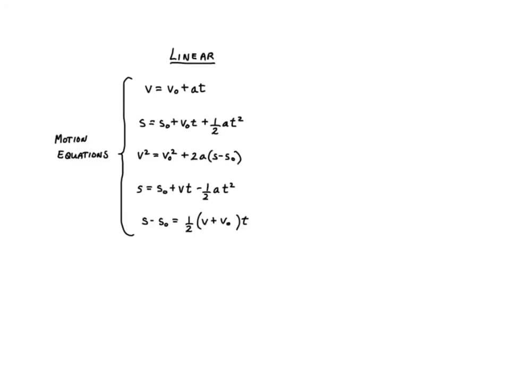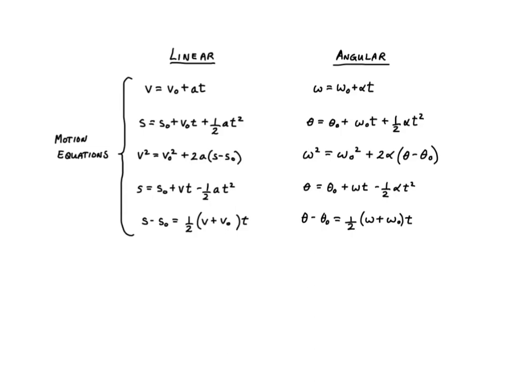For example, here are our familiar equations of linear motion. To get the equations for angular motion, you would replace every v by omega, every s by theta, and every a by alpha, and here's what you would get. Basically, the same set of equations.